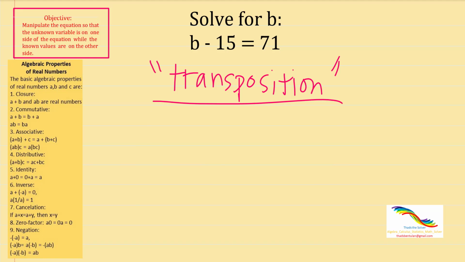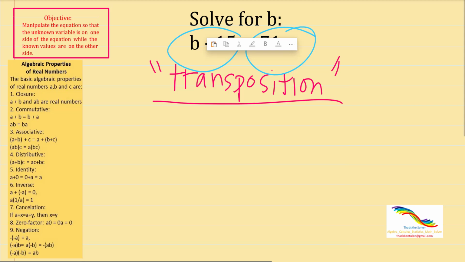So if you want to move values and variables from the left hand side of the equation to the right hand side, let's say you want to move 15, what did we do?